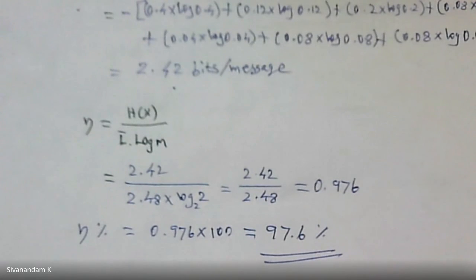While converting in terms of percentage, it gives us 2.4 percent of redundant bits present in the coding which is assigned using the Huffman coding.